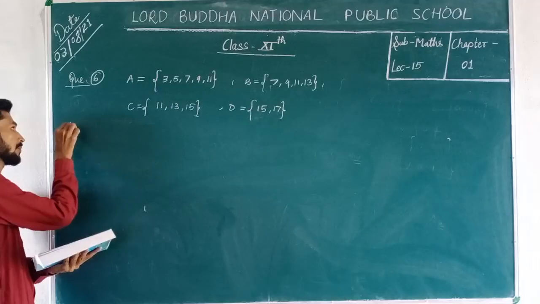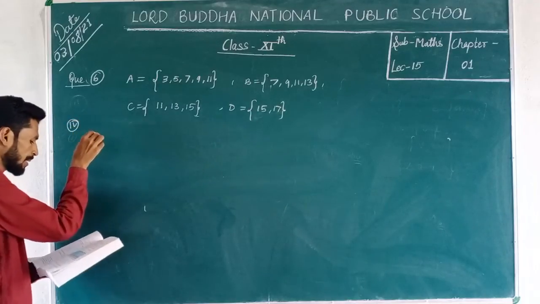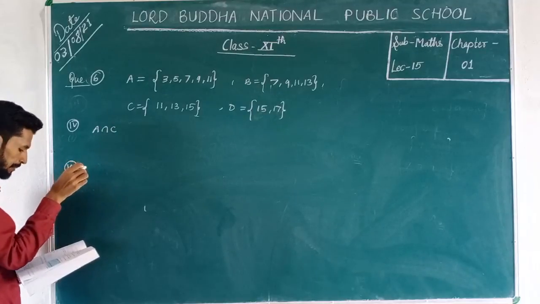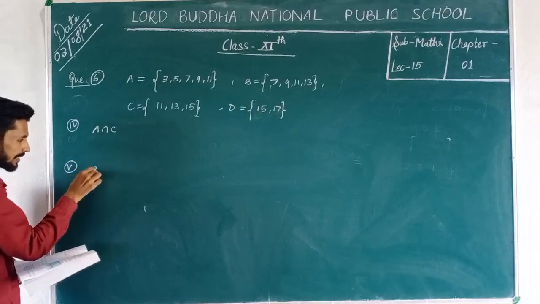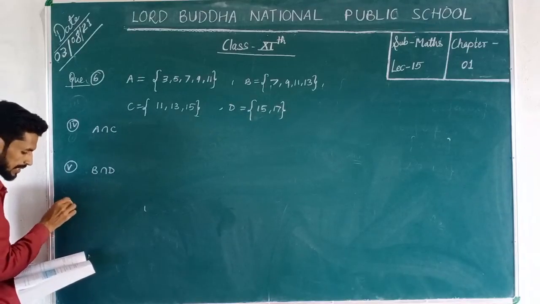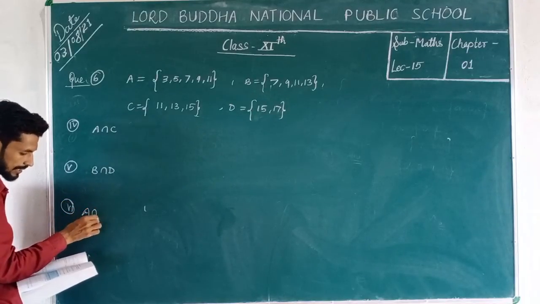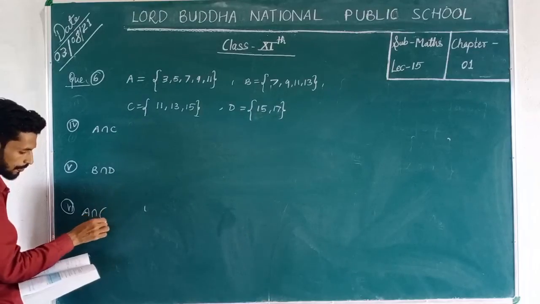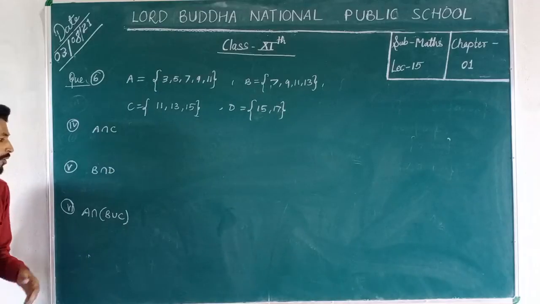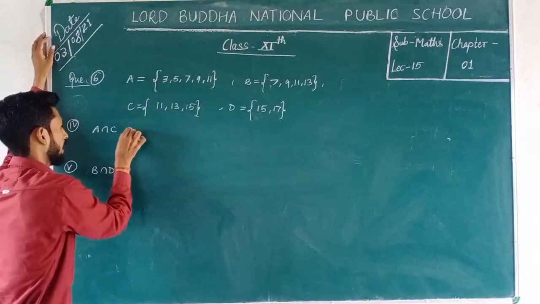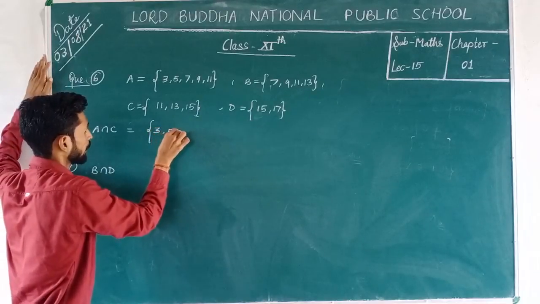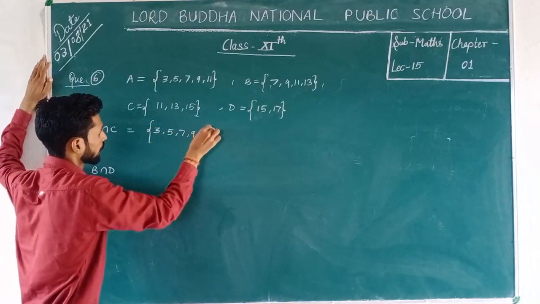In part number 4, we have to find A intersection C, in part number 5, B intersection D, and in part number 6, A intersection of B union C. Now, A intersection C. Write the elements of set A, that are 3, 5, 7, 9 and 11.